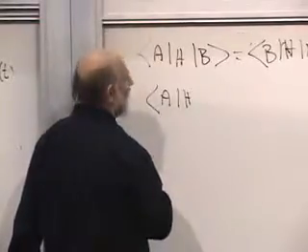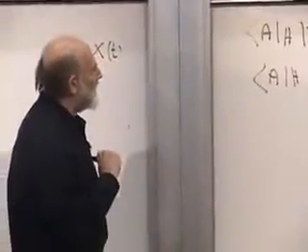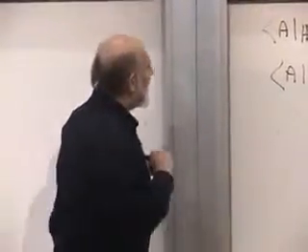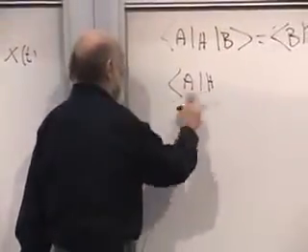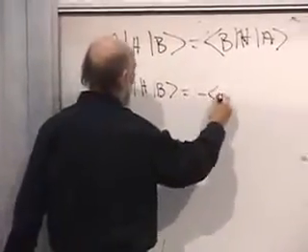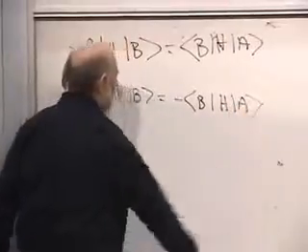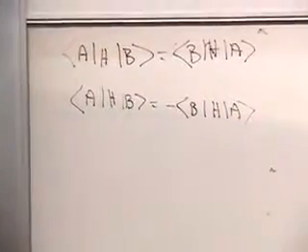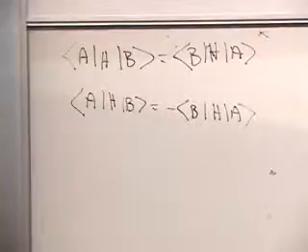I don't? Why not? Don't I? I think I do. Yeah. All right. Anti-Hermitian says that A H B is equal to minus B H A. That's called anti-Hermitian.